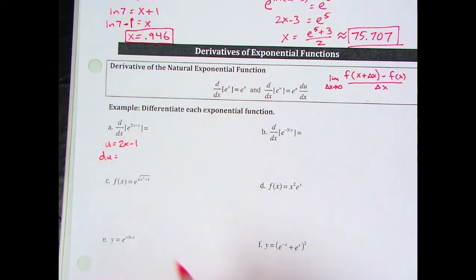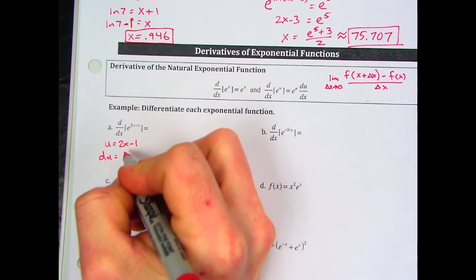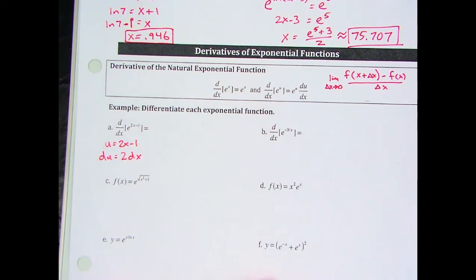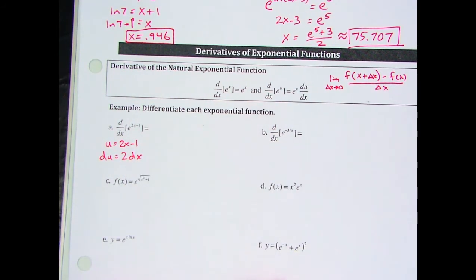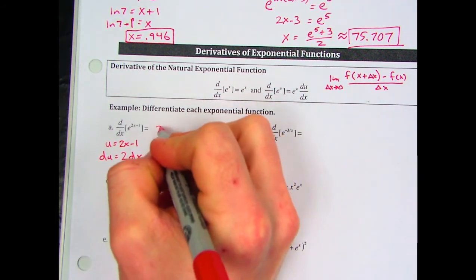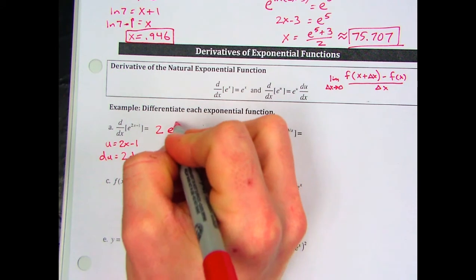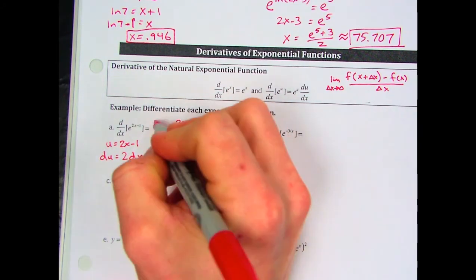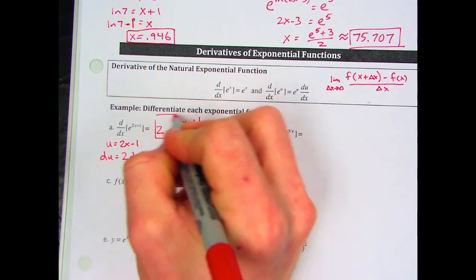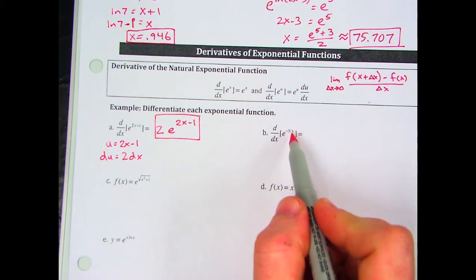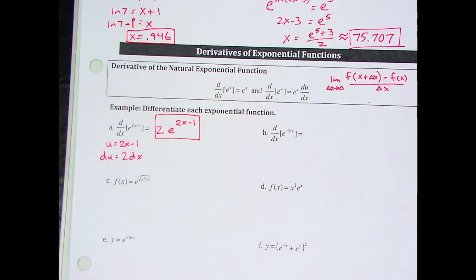And then we need to find du, which is 2 dx. And so we know the derivative here is going to be 2 e to the 2x minus 1. That's the answer. That's good stuff. So it's the derivative of the exponent times exactly what it is.